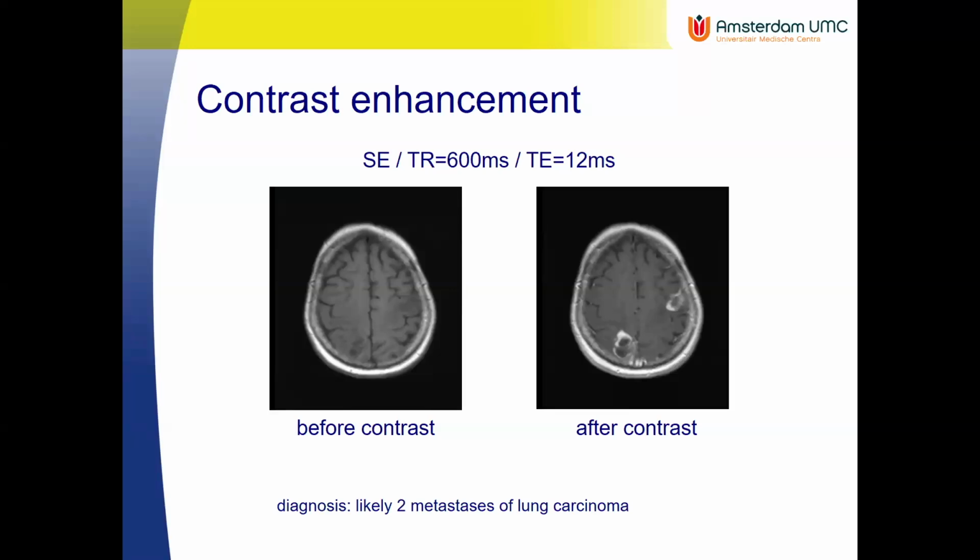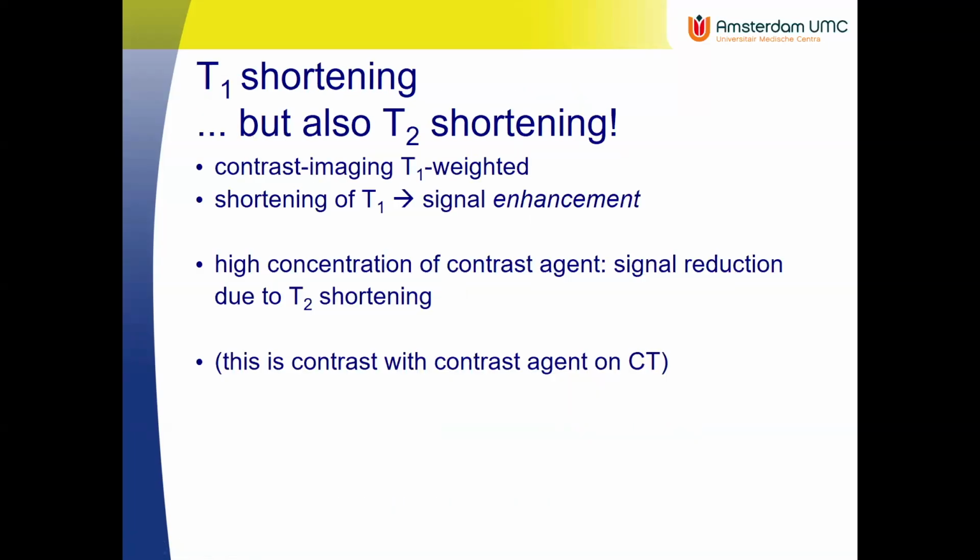The blood-brain barrier is leaky in those areas, and we get the contrast agent to leak out of the vessels into the tissue. That's why it shows up bright. In this case, it's an example of two brain metastases of a patient that has lung cancer. It's easy to detect with the contrast enhanced imaging.